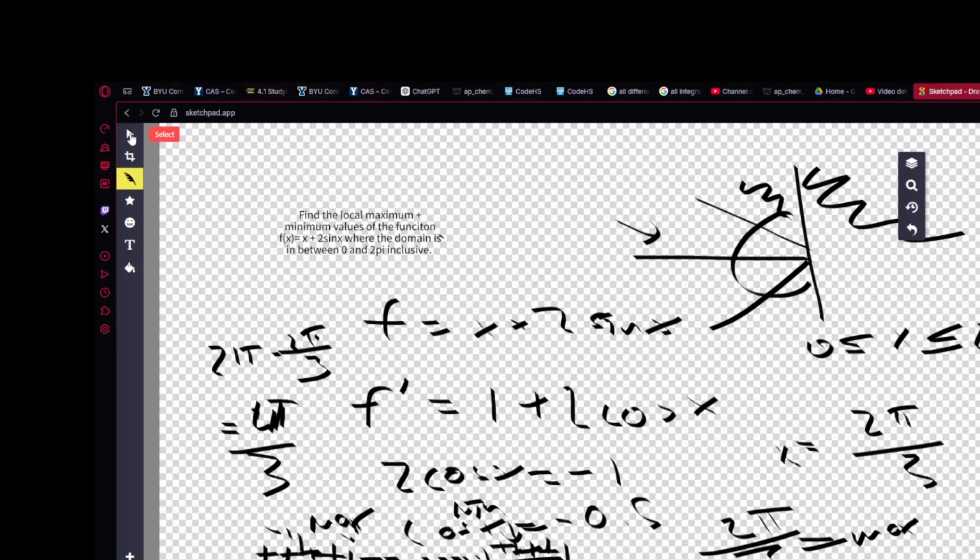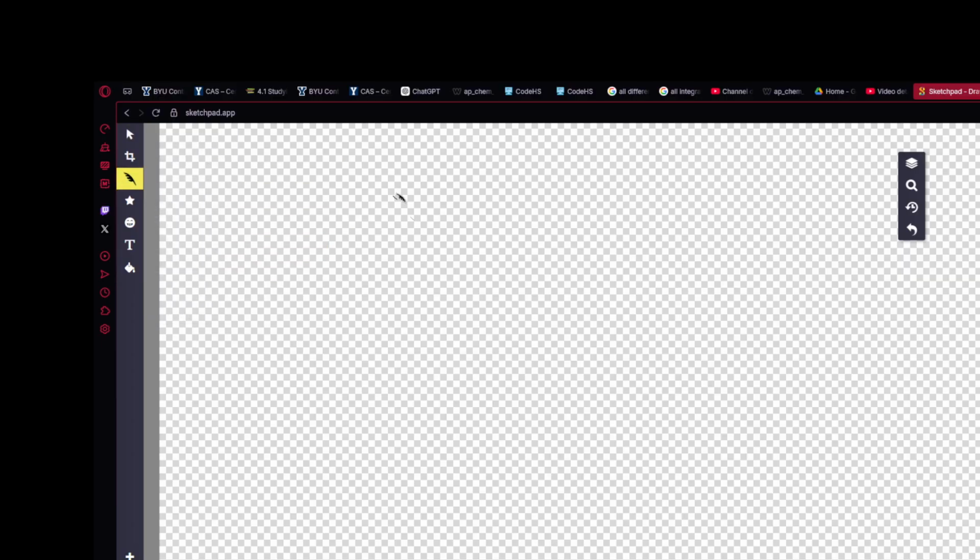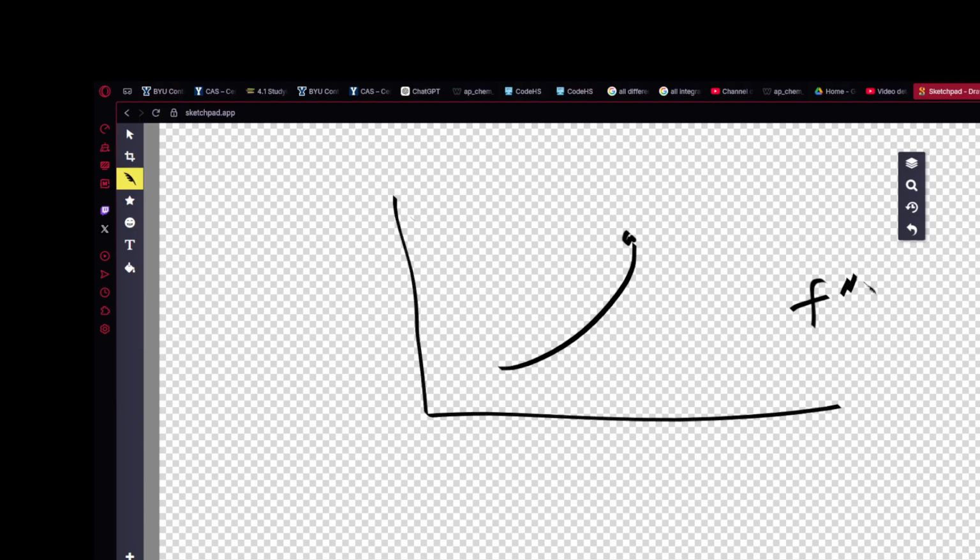But now we get to concavity, and concavity could be a hard concept to grasp. So we have concave up, which essentially means that f double prime is greater than or equal to 0, which means that the slope is getting more positive. And this is logical.